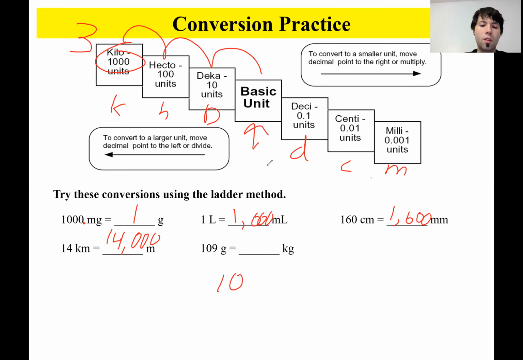So I'm starting with 109 grams. I have an understood decimal right here. This time I'm going to the left. Again, remember, I'm converting from a smaller unit to a larger unit. So 1, 2, 3, my decimal is right there. Now I could write for my answer 0.109.